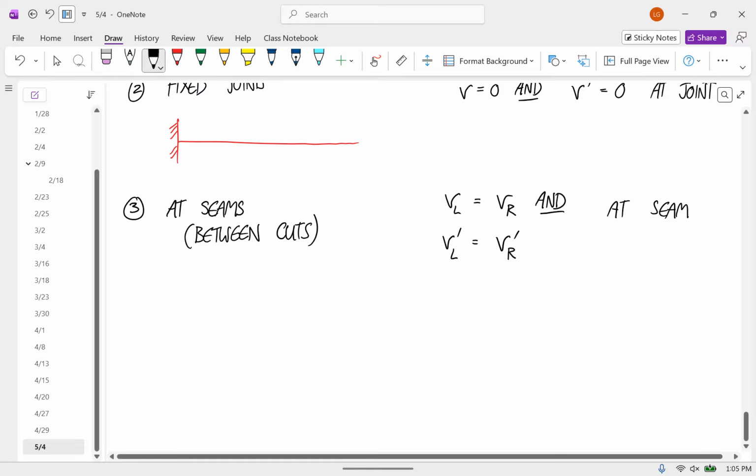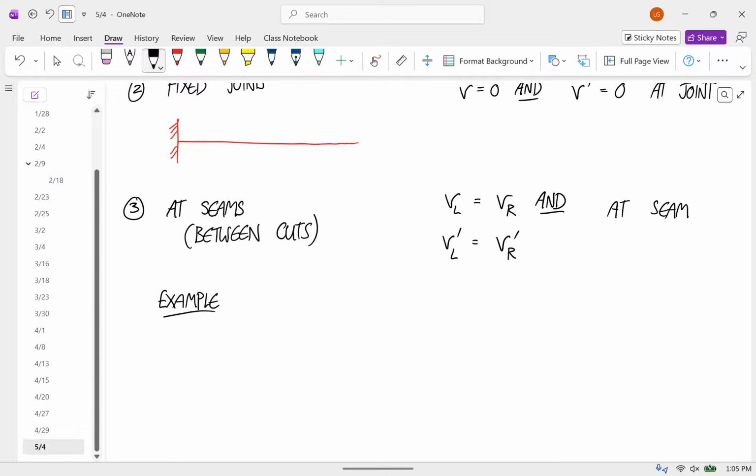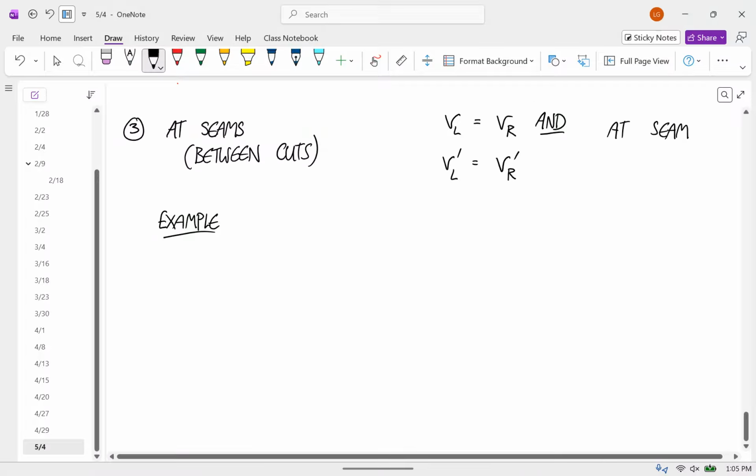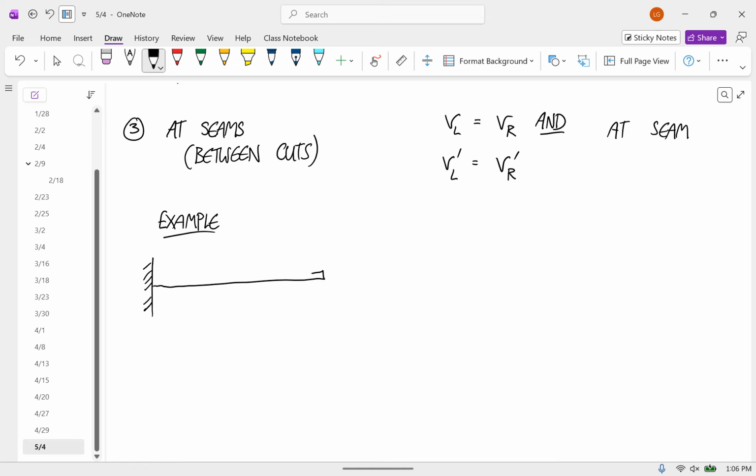Okay, so let's do an example where we have a cantilever beam. And let's say that the length is 3 meters.